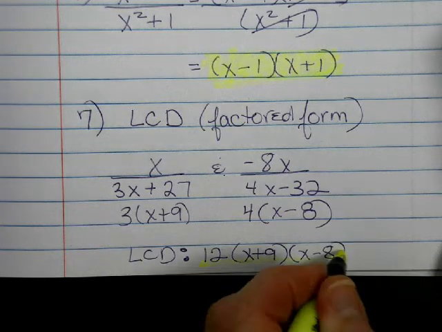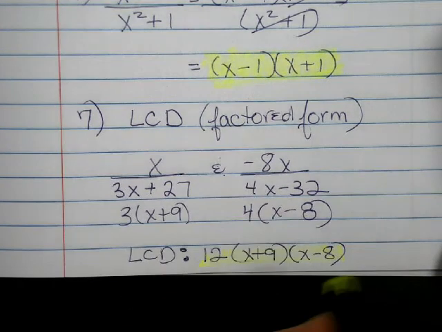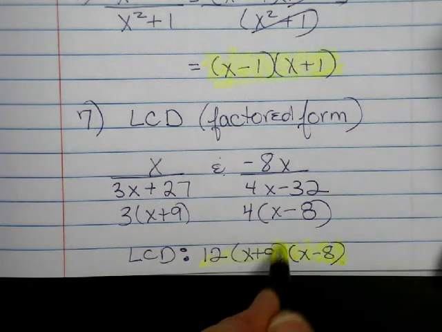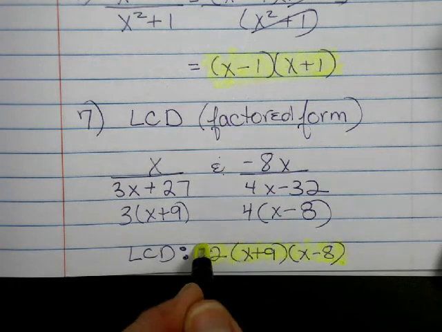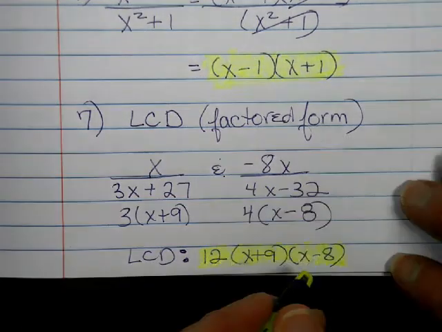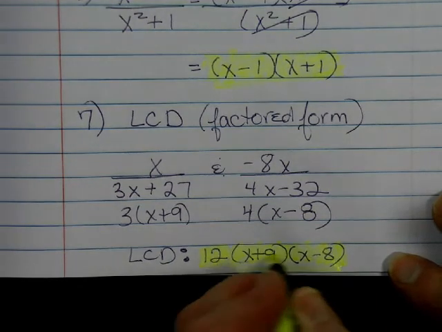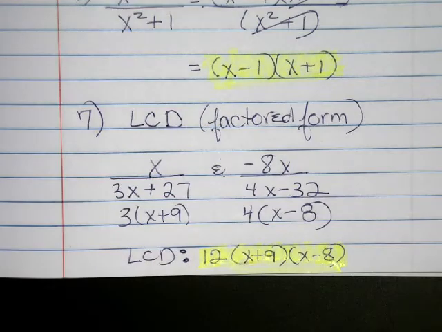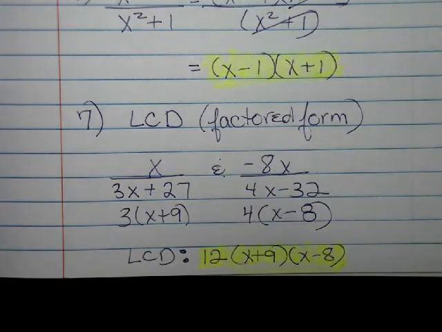And this is what they mean by leaving in factored form. The polynomial parts, okay? Numbers, go ahead and multiply. The polynomial parts, leave in factored form.